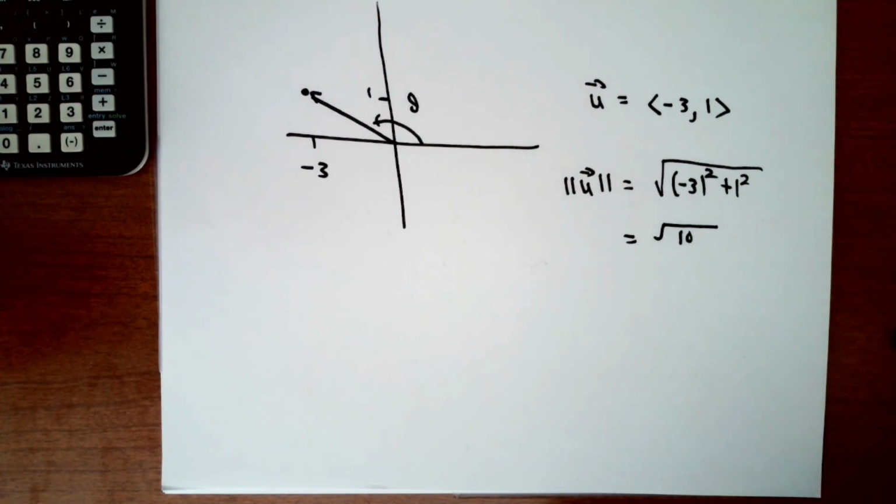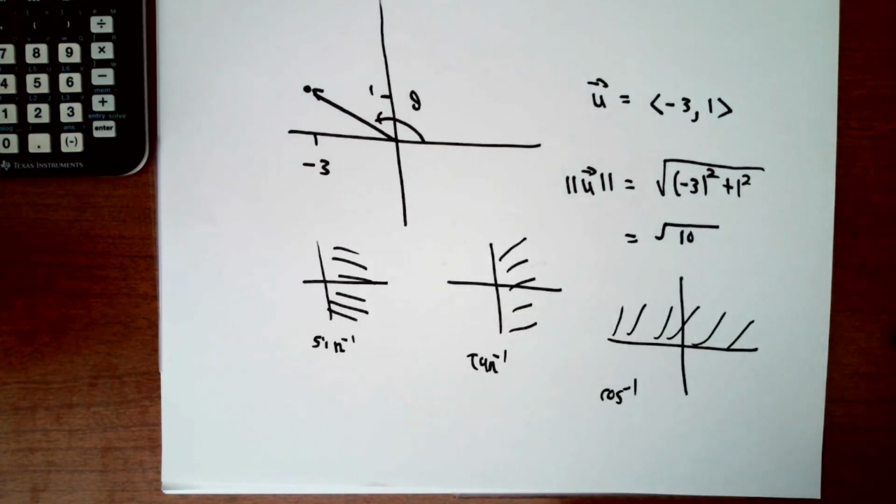When we calculate the angle, though, we have to be careful because of the behavior of the inverse trig functions. The inverse sine and the inverse tangent can produce angles that are in quadrant 1 or quadrant 4, but no other angles.